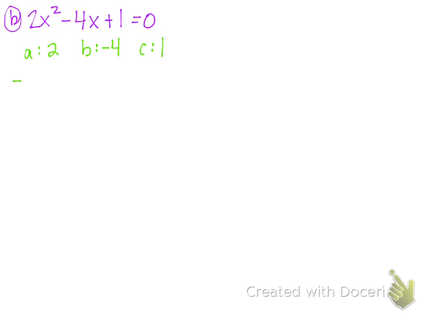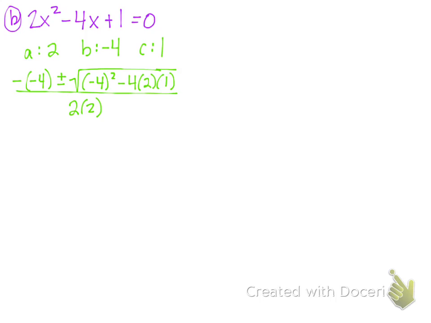We have a negative from our formula of a negative 4, which is our b, plus or minus the square root of negative 4 squared minus 4 times a, which is 2, times c, which is 1. Been really careful with our signs this time through, right? Over 2 times a, and a is 2, so 2 times 2.